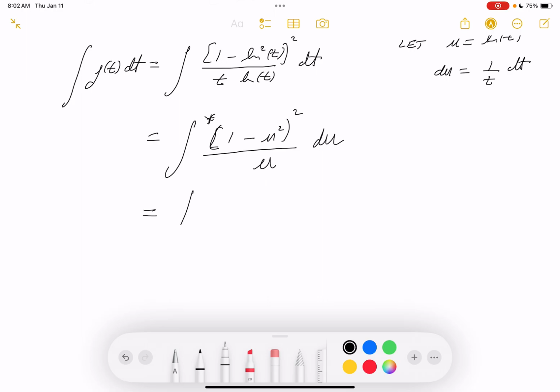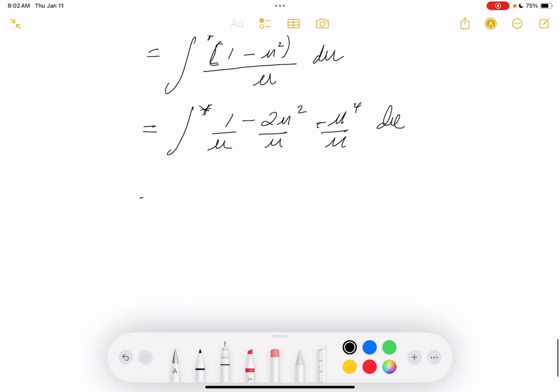All right, let me expand it, and let's see if I can do that integration. So you get 1 minus 2u squared plus u to the 4th, and we're dividing by u. And this is du. It's getting easier. This is 1 over u minus 2u plus u cubed du.